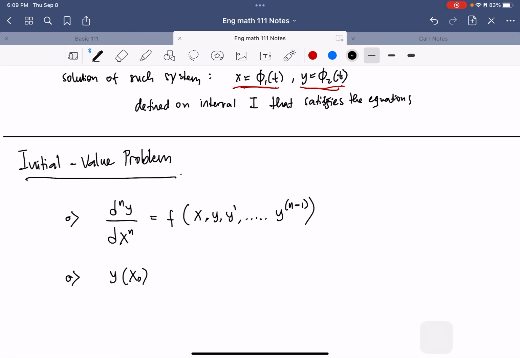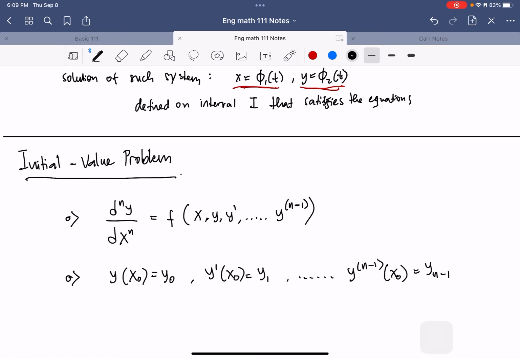So let me first write all the initial conditions. This is the initial condition for the first one, and then when you have the first derivative, and then when you have n minus 1.